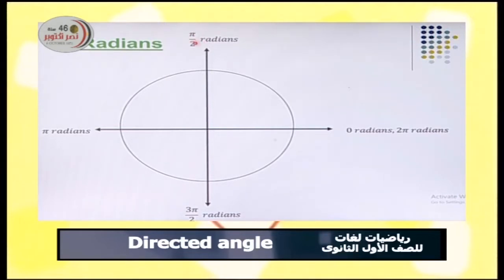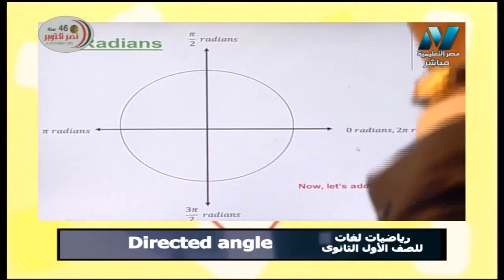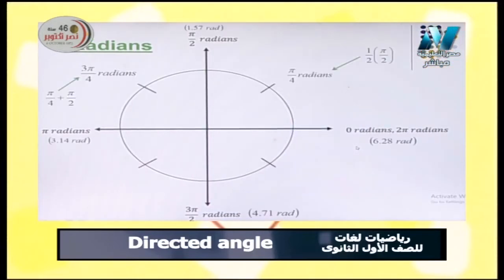So half pi or pi over 2 equals 90. Here pi, which equals 180 degrees, and here 3 pi over 2, which equals 270, and we return again to 2 pi or 360 degrees.